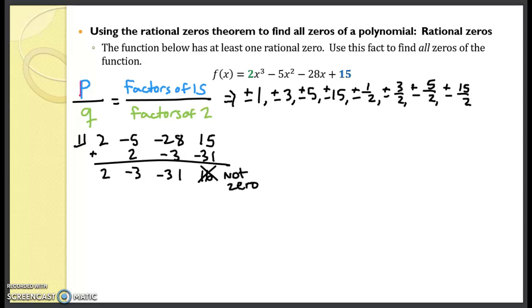Okay, so let's try -1. 2, -5, -28, 15. So this can sometimes feel tedious, right? Because I have to potentially check that many zeros before I find one.